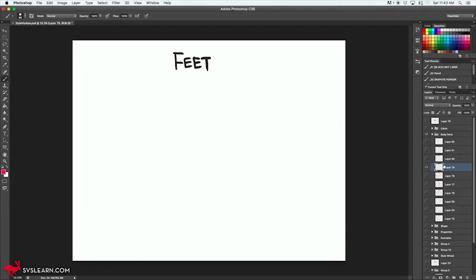So that's one reason you might want to do a character with a really simple face. On the other hand, if you want us to stand back and really just see how well you can show emotion on this character, maybe you do more realistic character designs and facial features and things like that. Let's do feet.